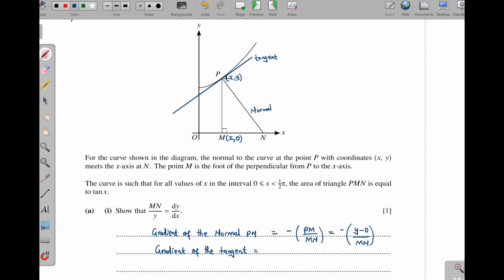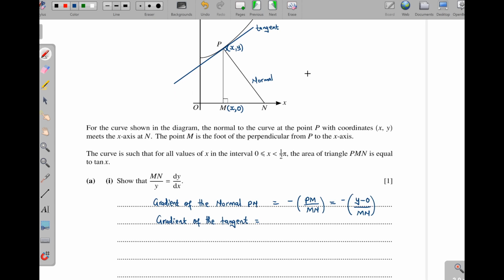These two are perpendicular, and you know that for perpendicular lines, m1 times m2 is equal to negative 1. The product of their gradients is always equal to negative 1. So if this is the gradient of the normal, then the gradient of the tangent is going to be negative 1 out of the gradient of the normal. The gradient of the normal from here is negative y out of MN.